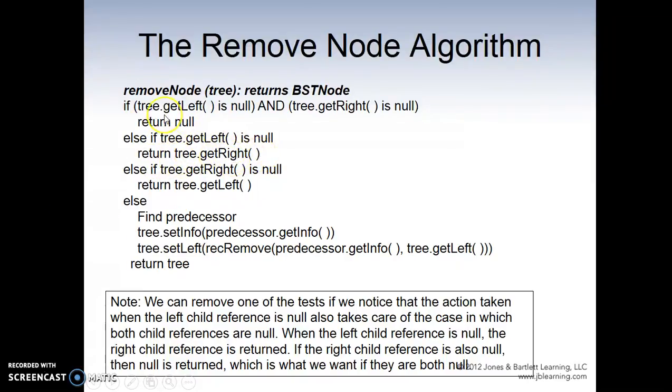It's going to return back to set. Else if tree.getRight is equal to null, that means we remove a node with a child on the left, but only one child. So we return tree.getLeft. Let's return back to the parent, and the parent will set.